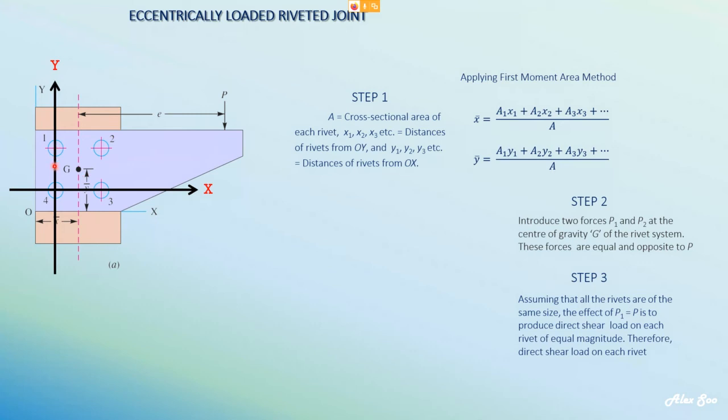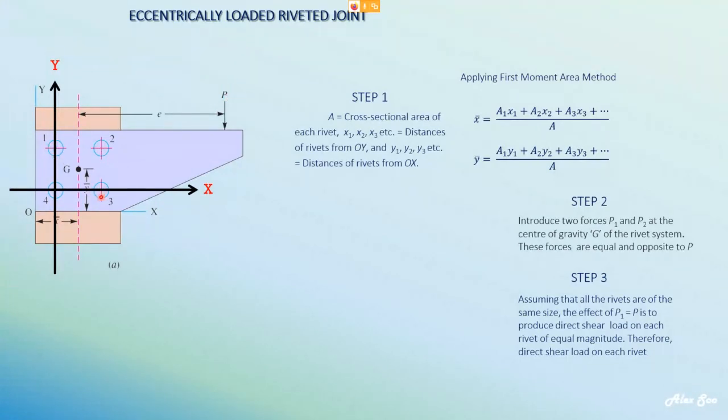And then you can label all the forces P1, P2, P3, and P4. Draw arrows from the center of rivet 4 as well, acting vertically downwards. The magnitude of P1, P2, P3, and P4 should be the total load divided by the 4 rivets.